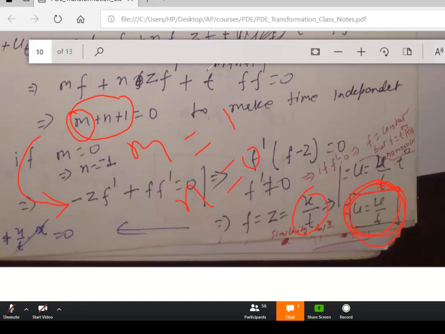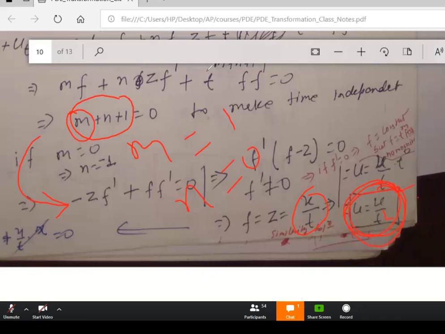So this is one transformation, by which one can get a solution of a partial differential equation. And the new variable z that you are constructing, if it is a ratio of two, ratio means not just x by t, it may be x by t square, maybe x square by t.